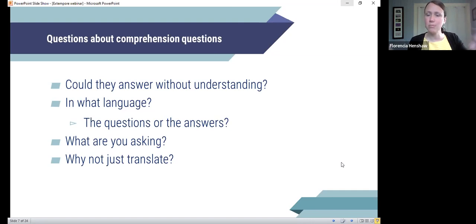Translation to me is a little bit more limiting in that you're just translating exactly what that person said. And as we saw before, there's much more to comprehension. And I think that there are different ways to demonstrate comprehension, and variety is wonderful.